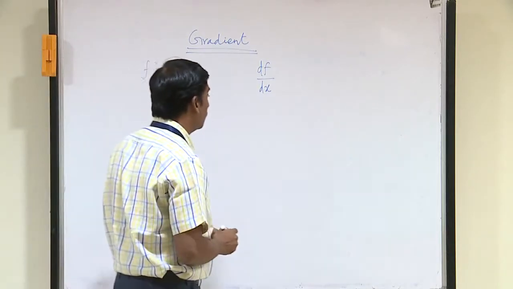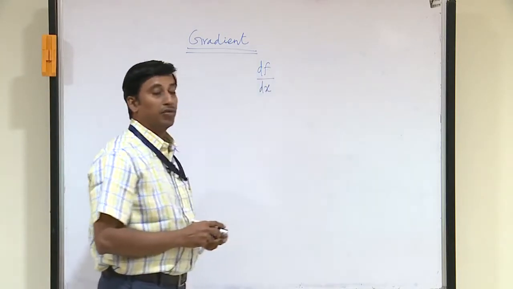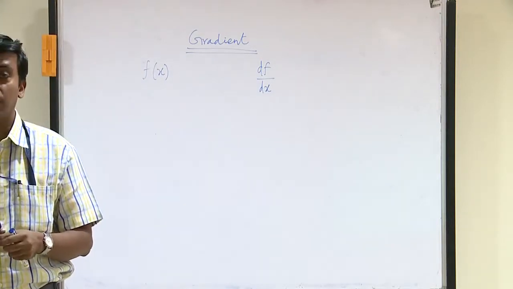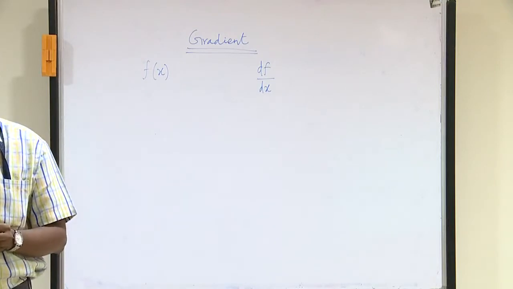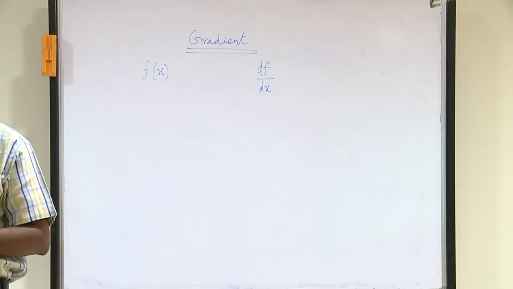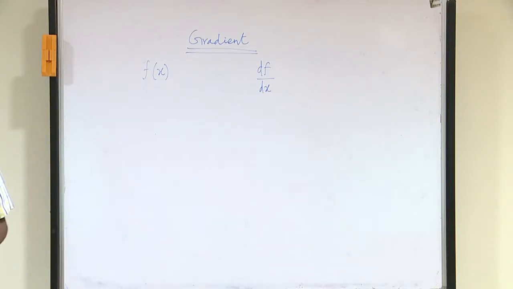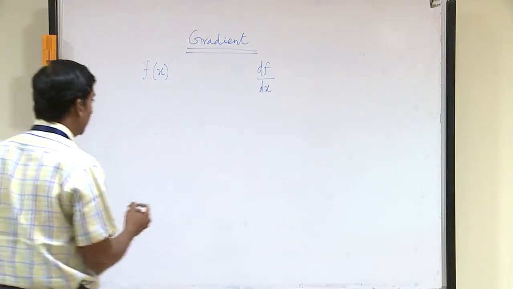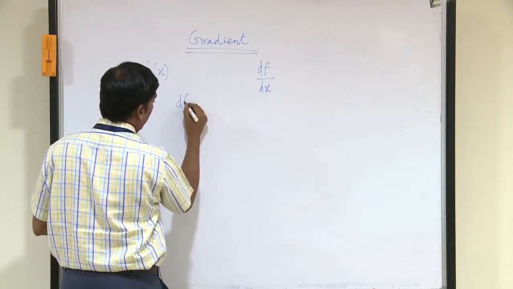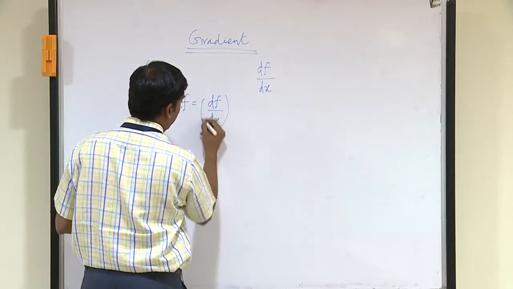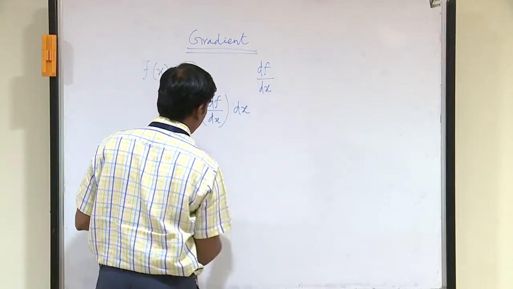It tells you how the function f changes when we go from x to x plus dx. Whenever there is an infinitesimal change from x by an amount dx, then df is df by dx into dx.